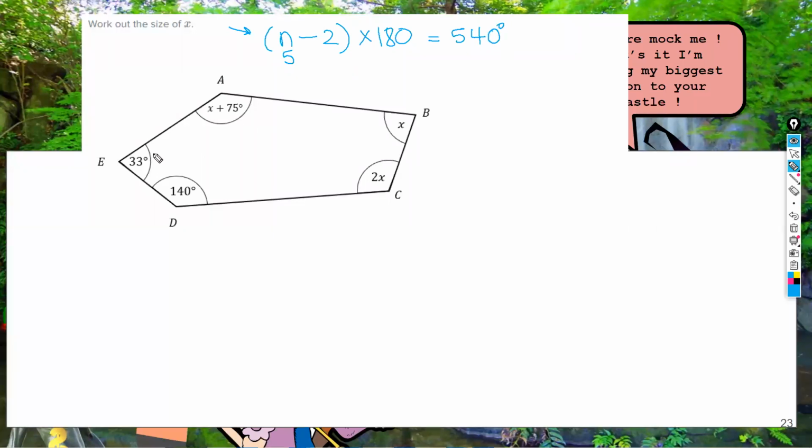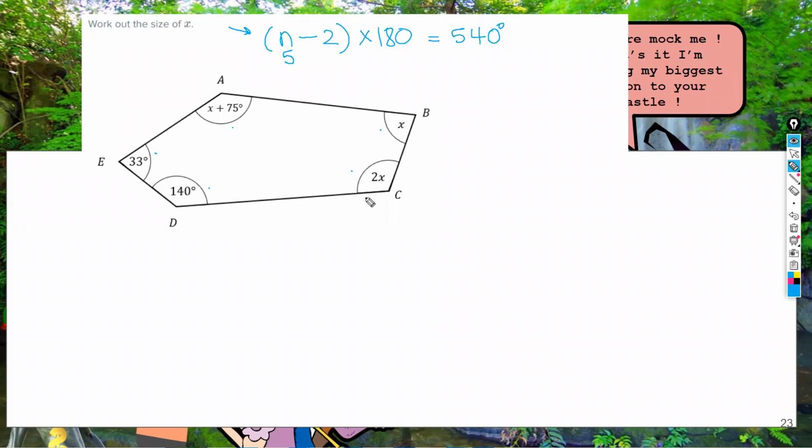So if we add up the 1, 2, 3, 4, 5 angles, even though they look kind of scary with a little X and whatnot, the point is when we add up all the angles, we're supposed to get 540 degrees.